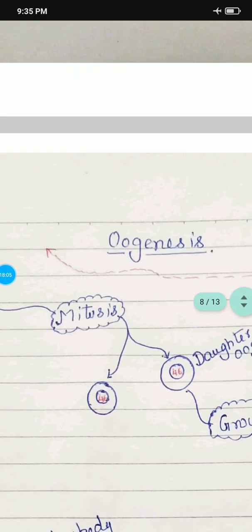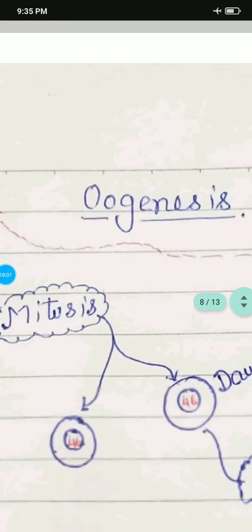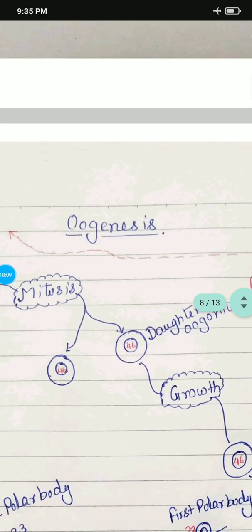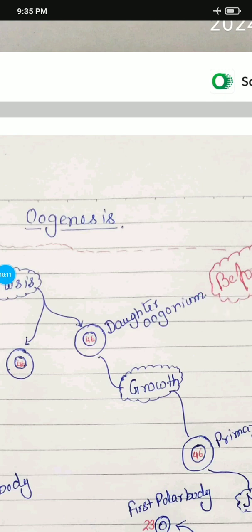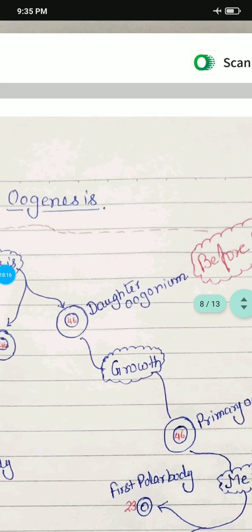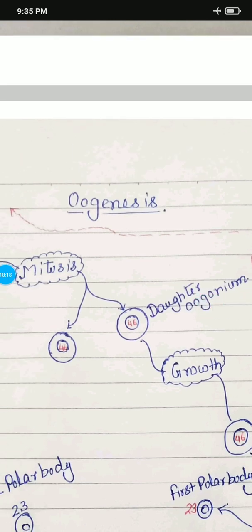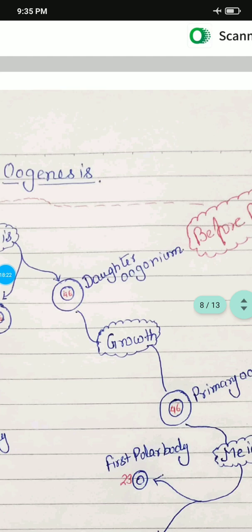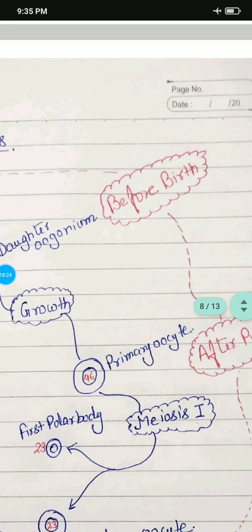This oogonium undergoes mitosis, and forms a daughter oogonium, which is also 46 because it undergoes mitosis to increase the population. When it grows, it forms a primary oocyte.